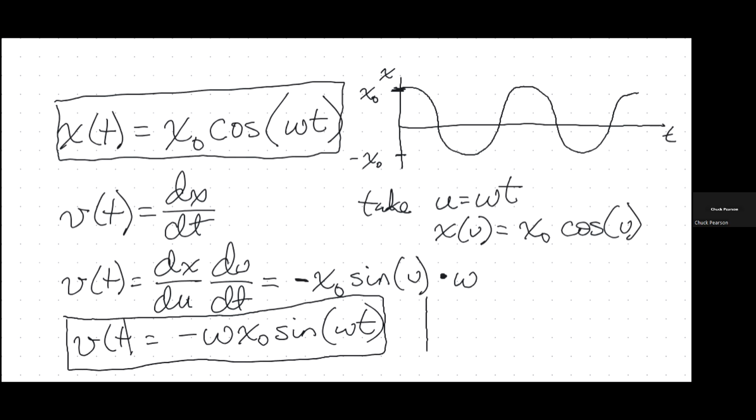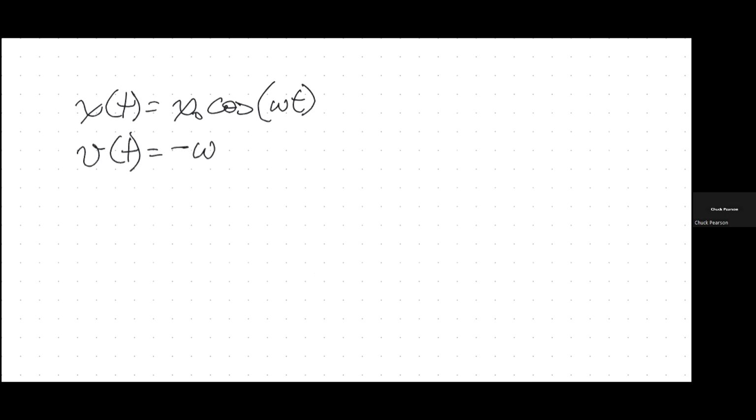I'll put this sketch out on the next page. x of t is equal to x naught cosine omega t. v of t equals negative omega x naught times sine of omega t.